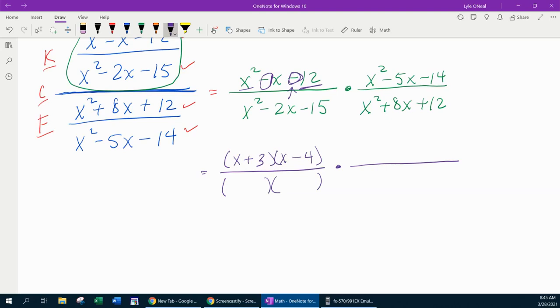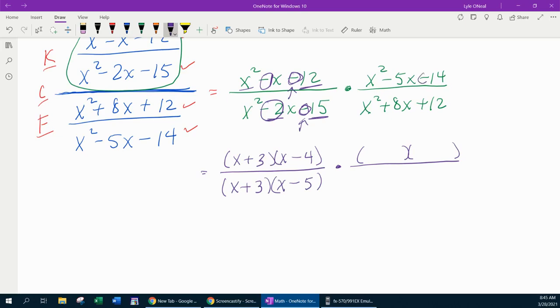Next, in the denominator, again, if I read the signs, minus at the back makes them different. X and x to make x squared. This time I need numbers that multiply to make 15 and subtract to make -2. And that's going to be 3 and 5. 3 times 5 is 15. 3 minus 5 is -2.